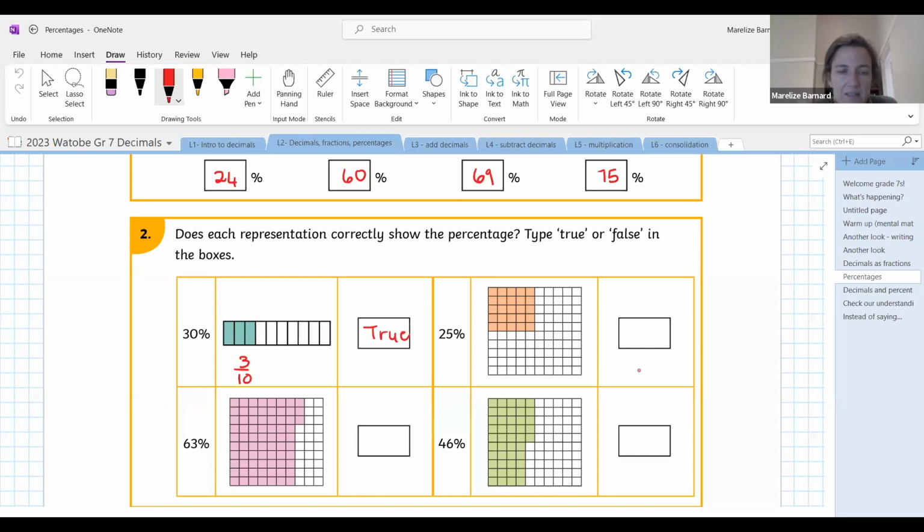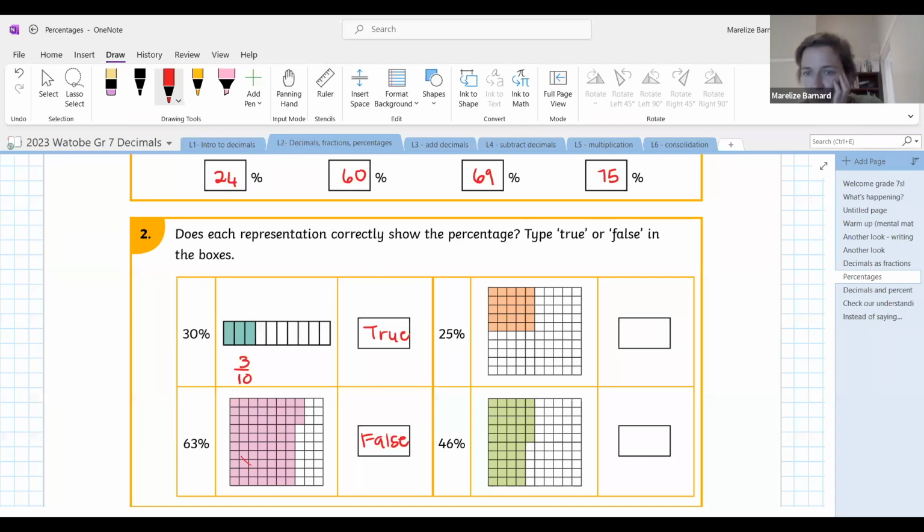How about this second one with the purple shading? Is that correct? 63%? 1, 2, 3, 4, 5, 6, 7. No, I think this is false. I think, in fact, they've got 73% shaded. And what about this one with the 25%?